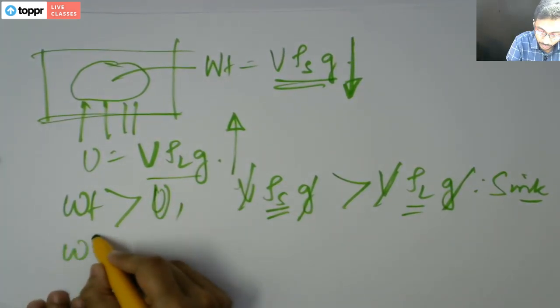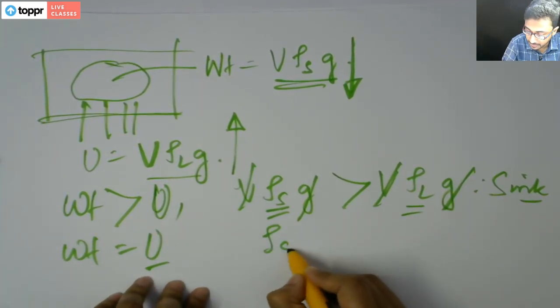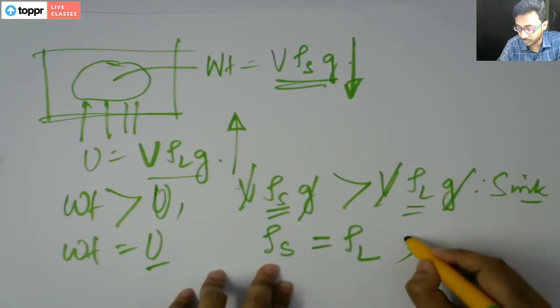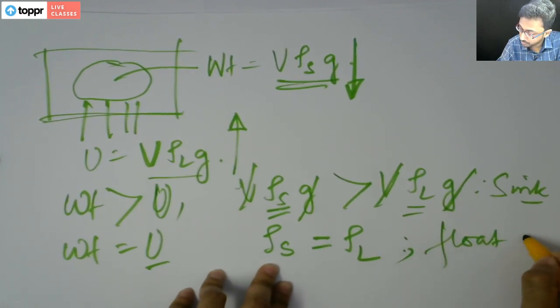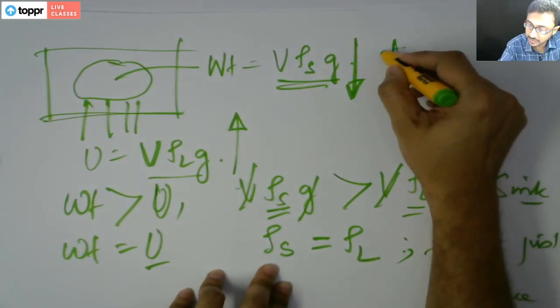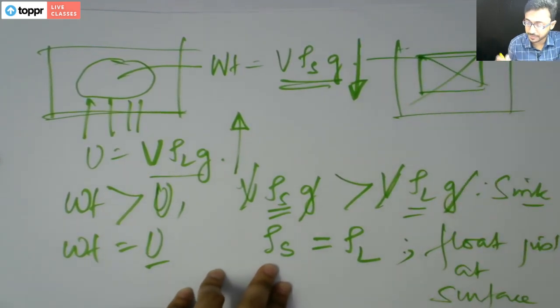When the weight is just equal to the upthrust, that is, the density of the solid equals the density of the liquid, the body will float just at the surface.